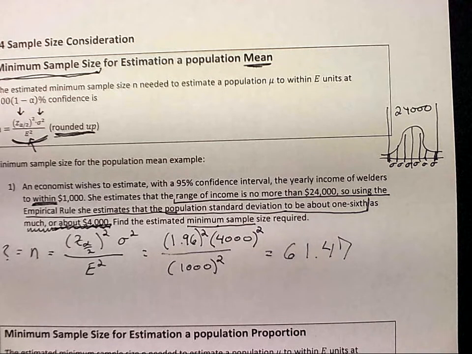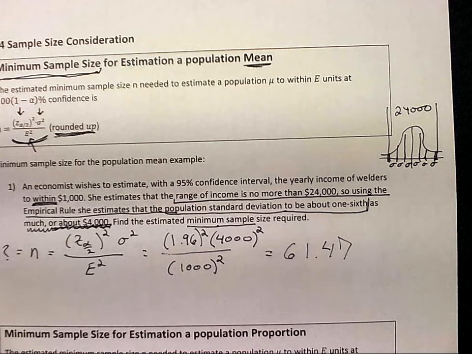24,000. But the empirical rule says how much is in this area? 99.7%, right? So what we're doing is we're taking our entire range and we're shoving it into the area where there should only be 99.7% of that range. Right? Is everybody good with that?